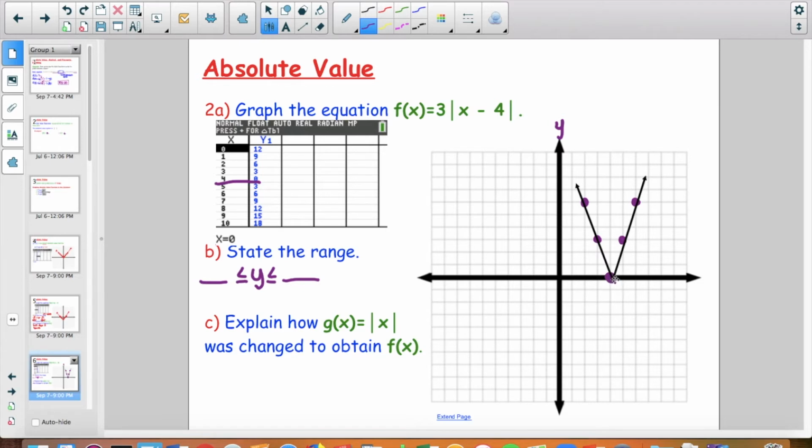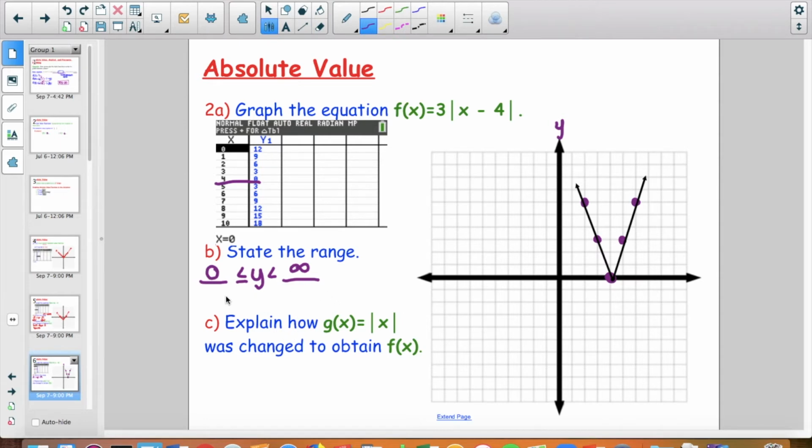The y value of that point is 0. The highest point of this graph, notice we have arrows, that means it's going to keep going up and up and up, is infinity. So what we have to do is just get rid of this or equal to sign, and there's our range.